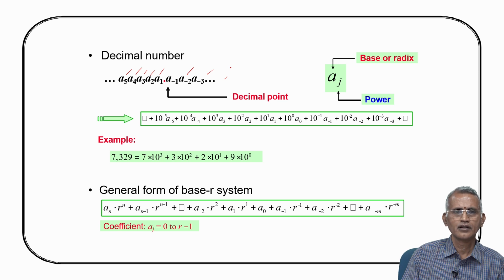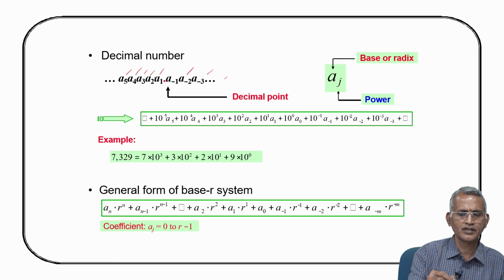The dot in between represents the decimal point, and in the number Aj, A is the base or radix and the suffix j represents the power, so that we can write it in terms of a polynomial expression like so. This is the first digit, second digit, third digit, fourth digit, fifth digit.